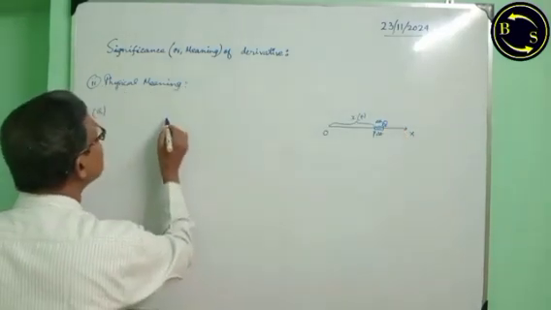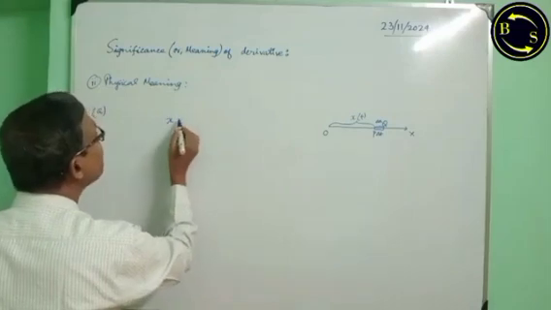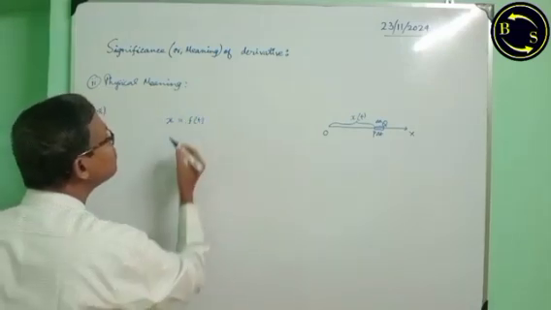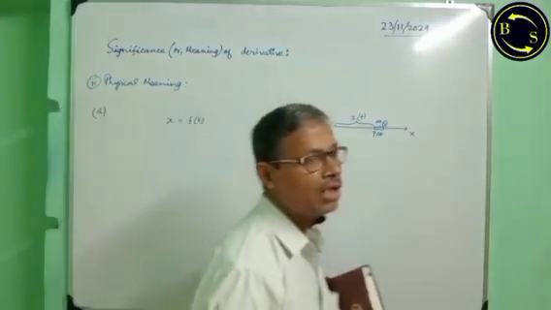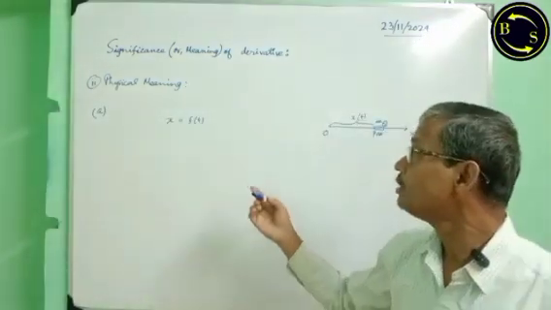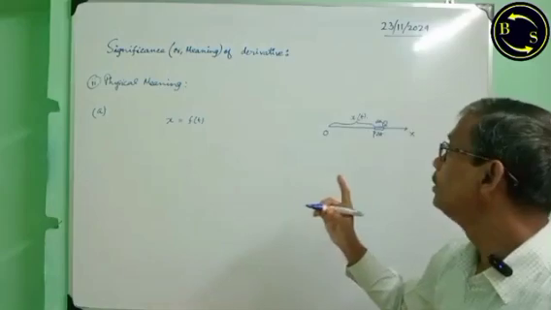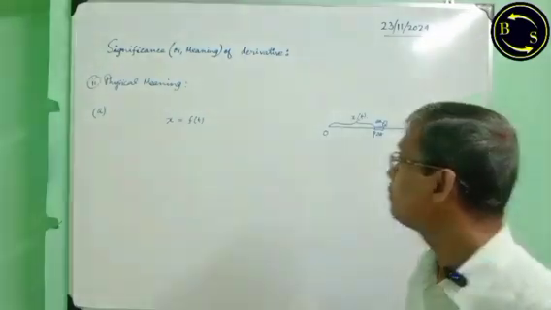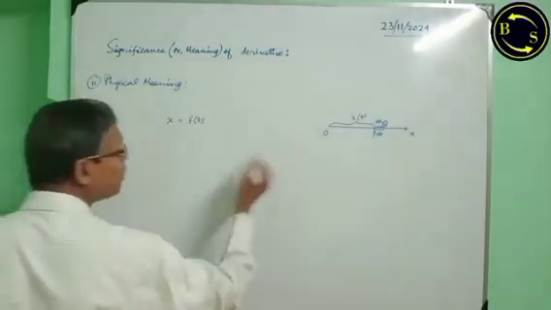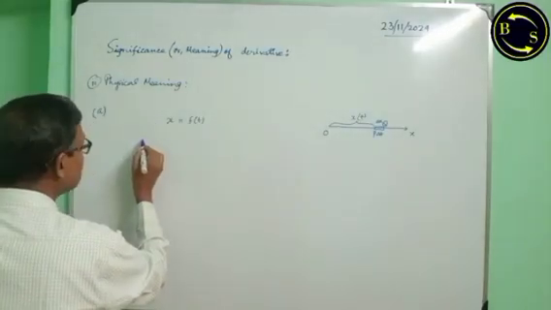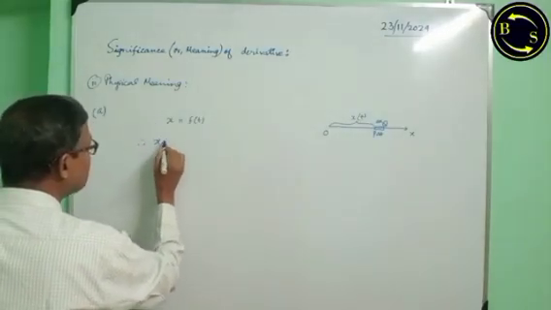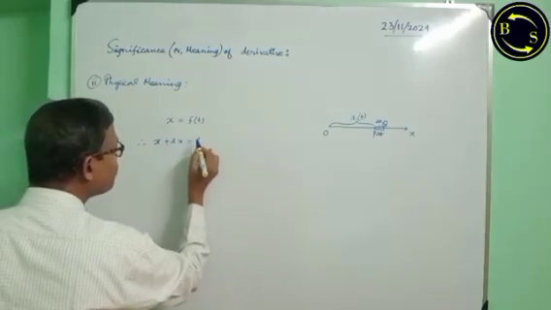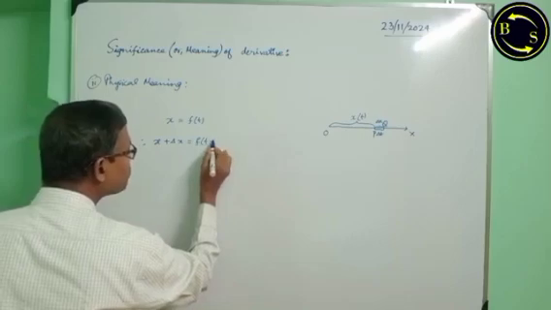Then we can say the distance x is a function of t, as the distance covered by the particle depends on time t. Therefore, we can say x equal to f(t). Therefore, as per that description, x plus delta x is f of t plus delta t.